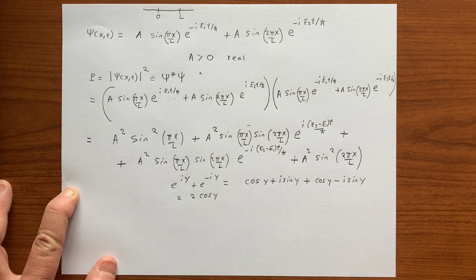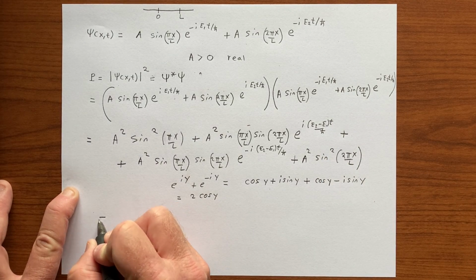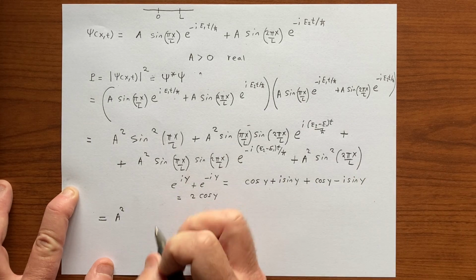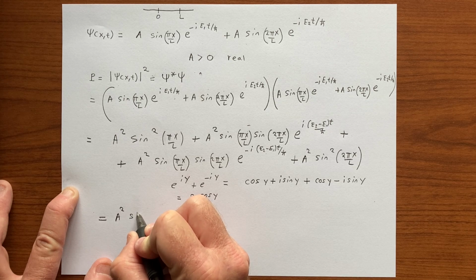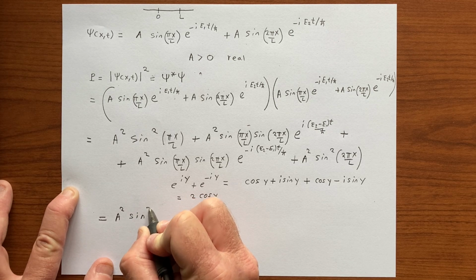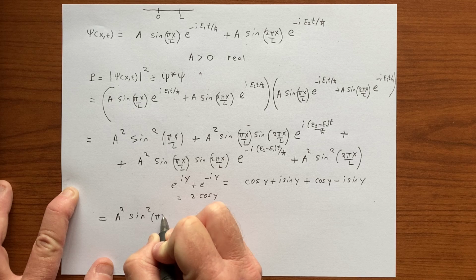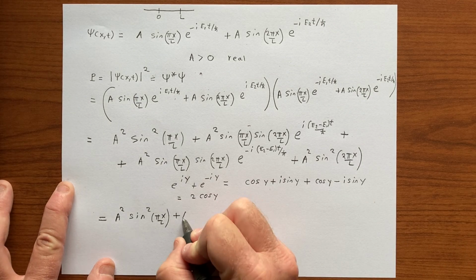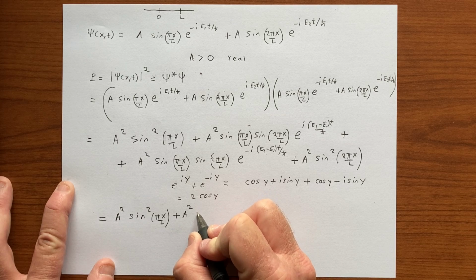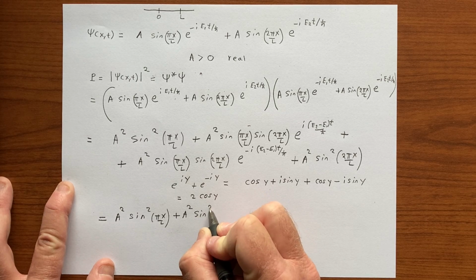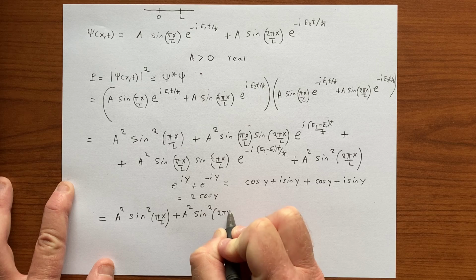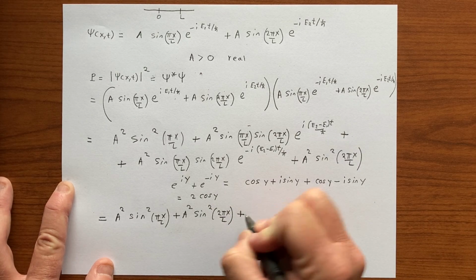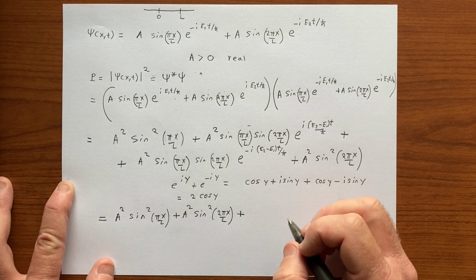And so overall, the probability density looks like, we could pull out the A squared, but I'm just carrying it along. We square the first part with no time dependence. We have an additional time-independent term, sine of 2 pi x over L. And then we have the time-dependent part, which involves the energy difference.